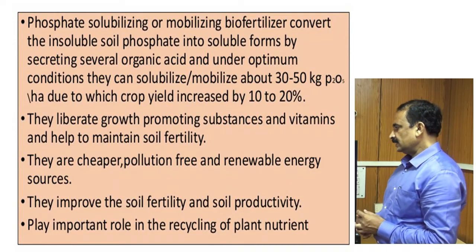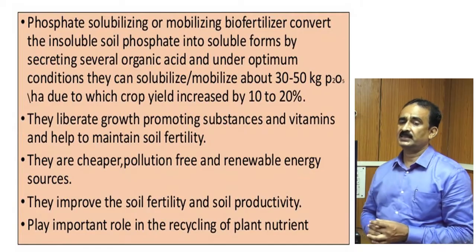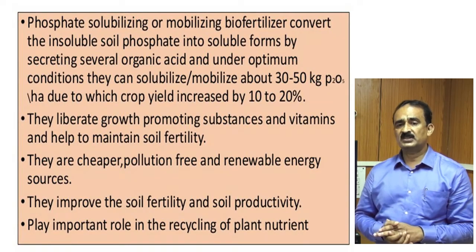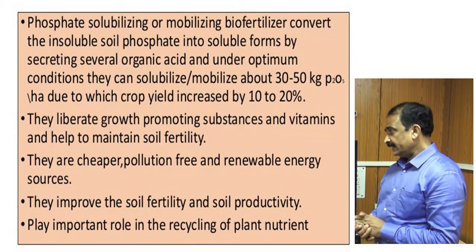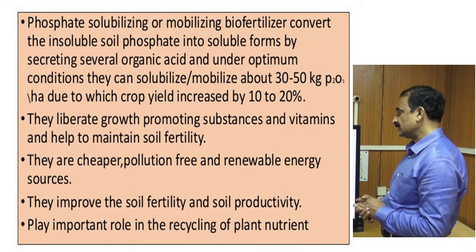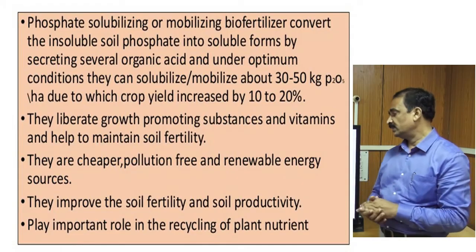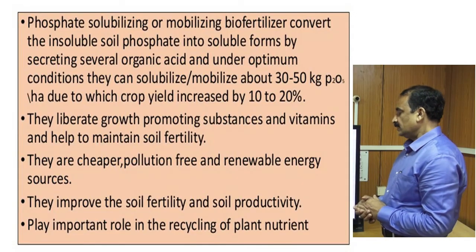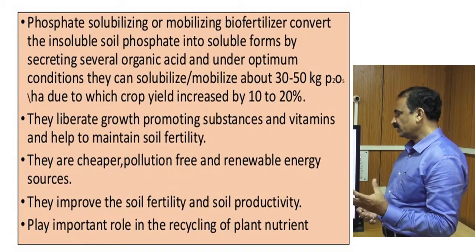Next one, the liberated growth promoting substances. It is a very important character of the phosphate solubilizing bacteria. It secretes some plant growth promoting substances like vitamins and helps to maintain the soil fertility as per the need of the crops. They are a cheaper source of nutrient.